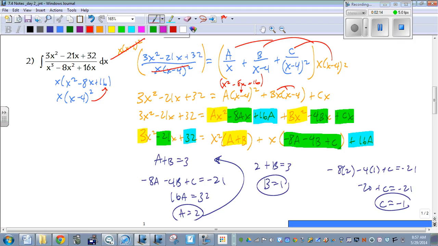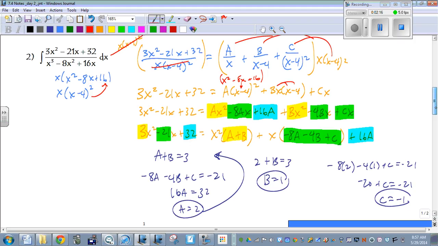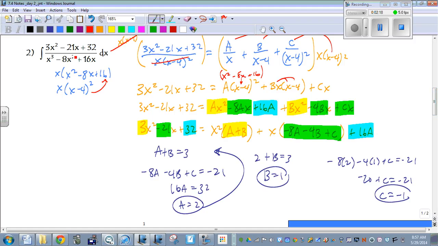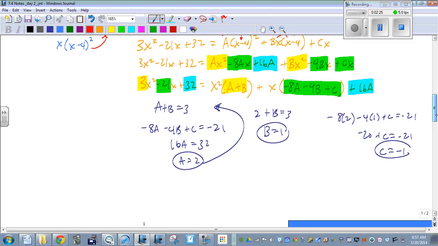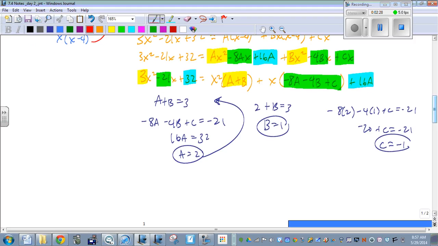After we've done all that, now we have to do the integral part, right? We're taking the antiderivative of this whole thing, but we've now broken it up into 3 separate rational expressions, which means we can separate it into 3 different integrals.